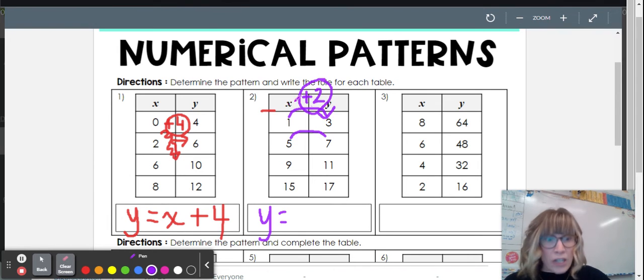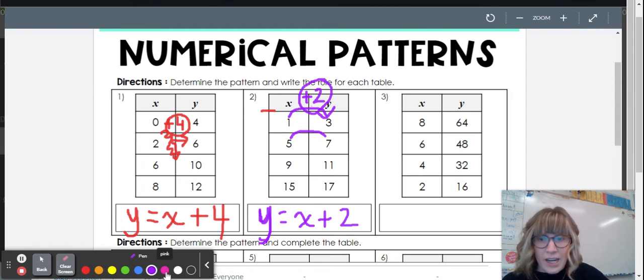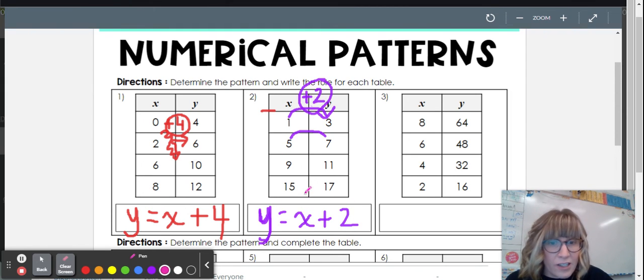So to get your Y will equal what happens to your X, right? So Y is going to be equal to what happens to your X. So you take your X, and what do you do to it? Well, in this case, we know that we're going to add 2. And you can test it, right, to make sure it works. So let's say X, you're no longer a mystery, you're a 1. So 1 plus 2 is 3.